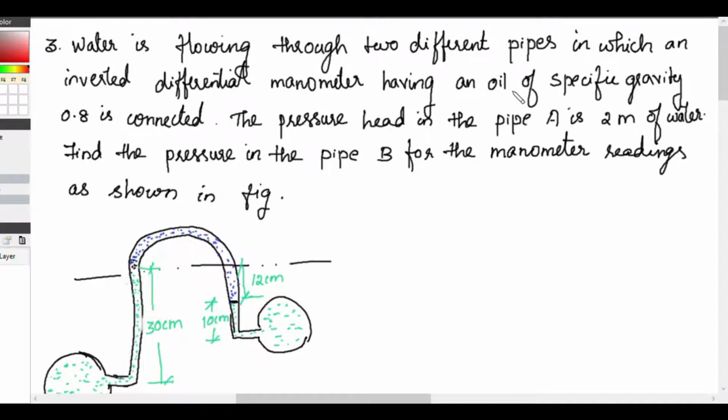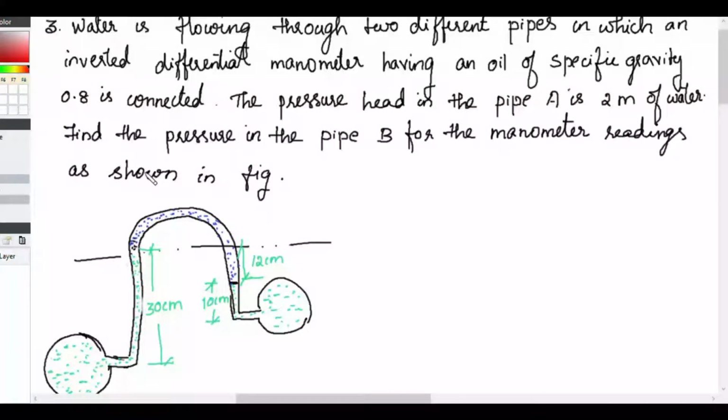Okay, so water is flowing through two different pipes in which an inverted differential manometer having an oil of specific gravity 0.8 is connected. So we have an inverted manometer. The previous first two problems were U-tube differential manometers.